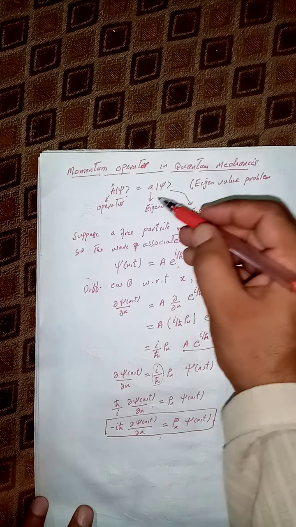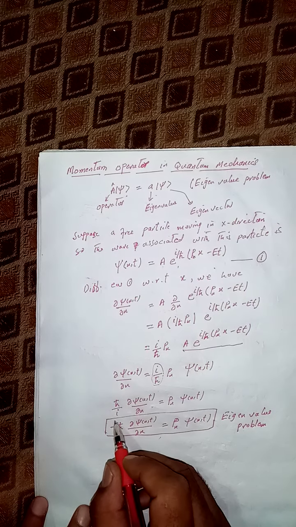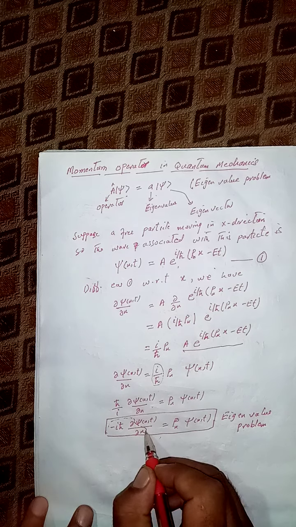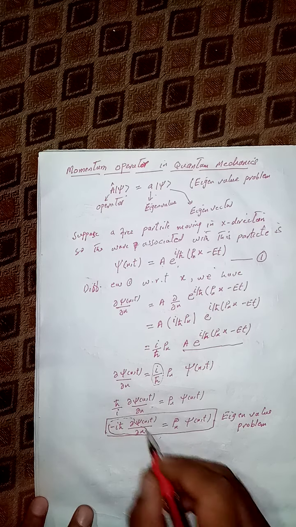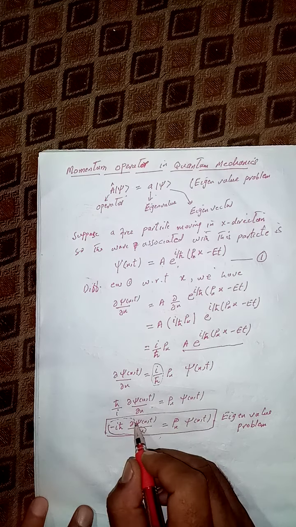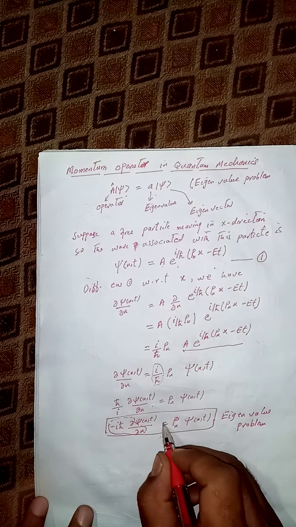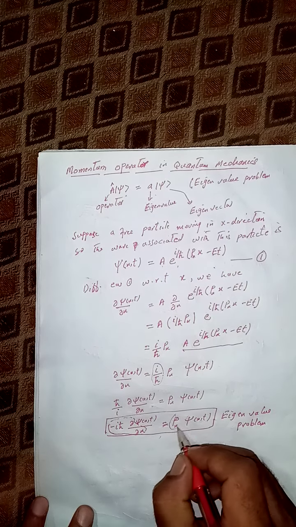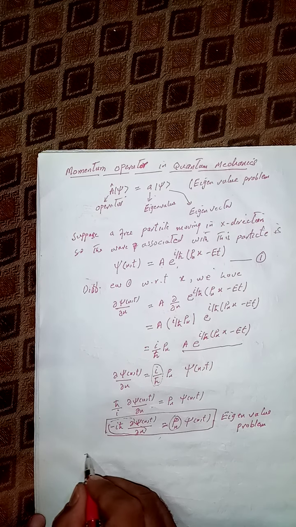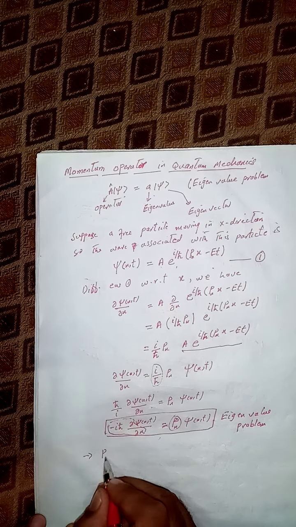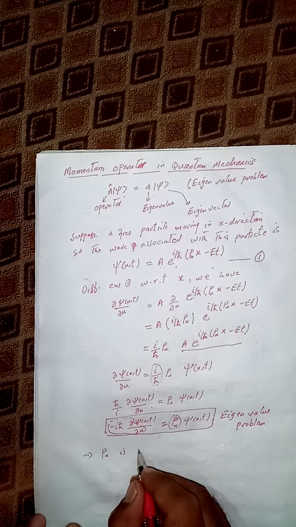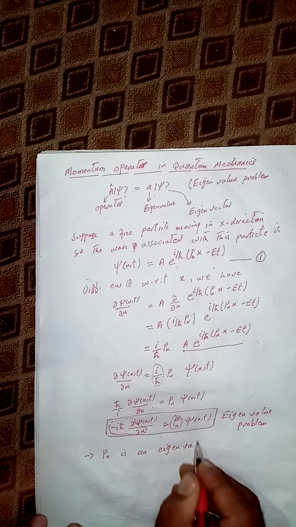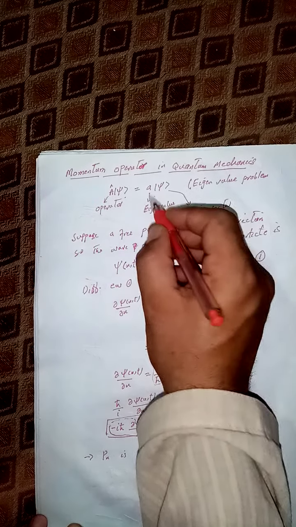It is similar to this one. Here we have the operator, which is this one. This is the operator which operates on this wave function, on this state vector, and gives the same state vector with a constant p_x. So here p_x is an eigenvalue, like a is an eigenvalue.